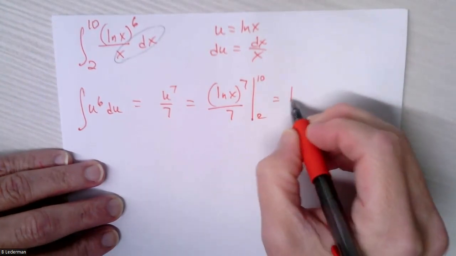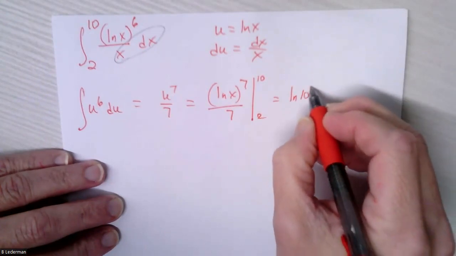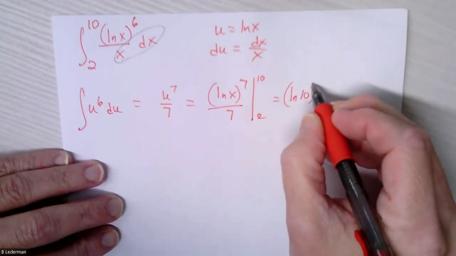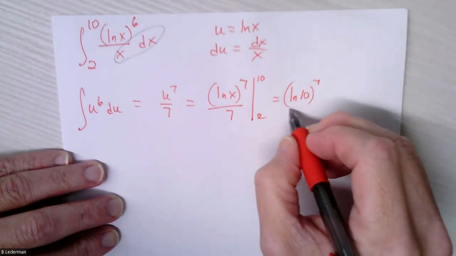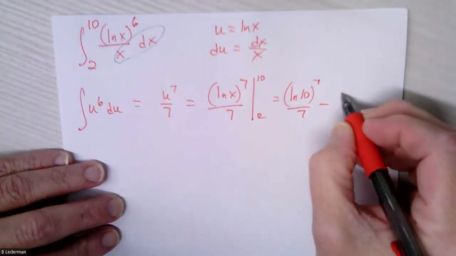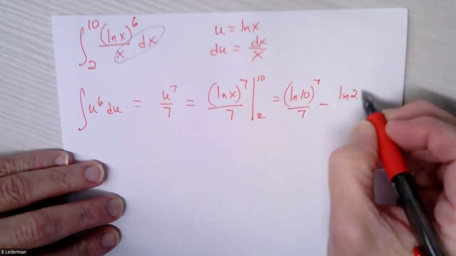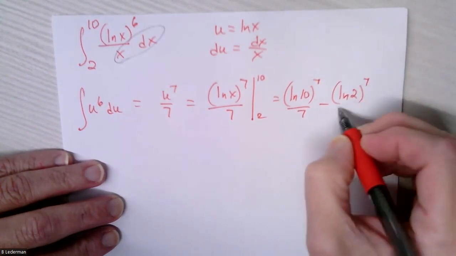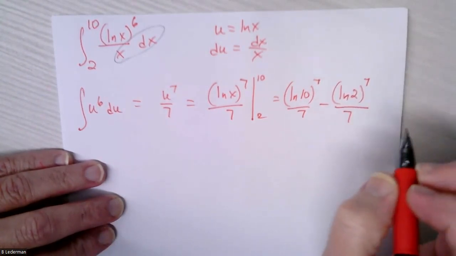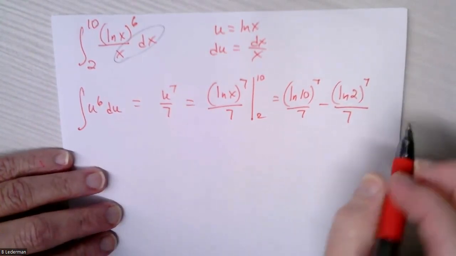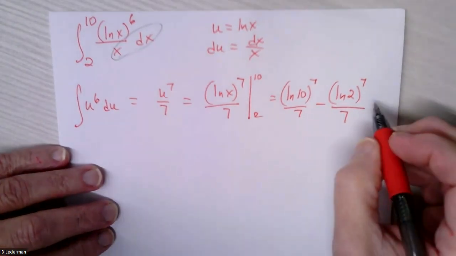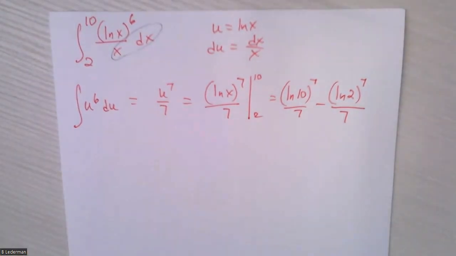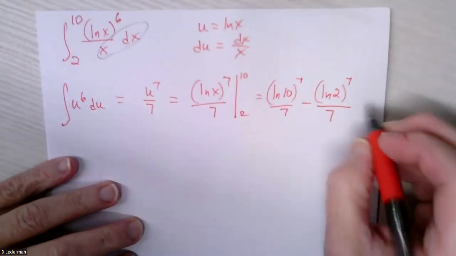So it's just ln 10 to the seventh power over 7 minus ln 2 to the seventh power over 7. And this is approximately 49.